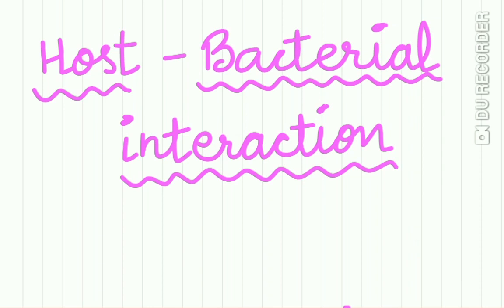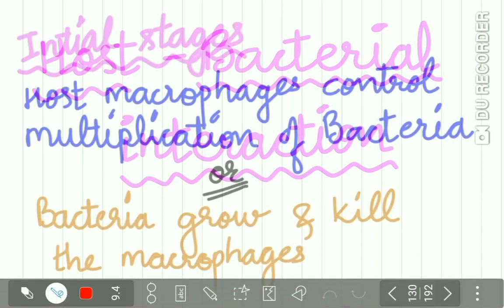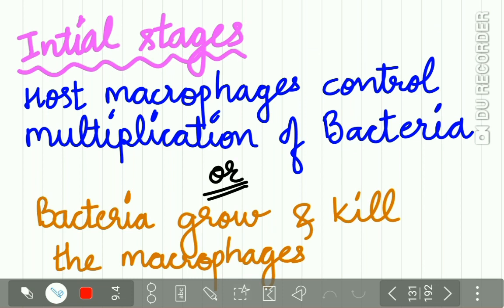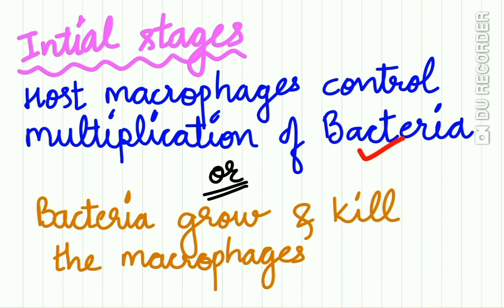Now let us study the host bacterial interaction in tuberculosis. In the initial stages, the host bacterial interaction is either that host macrophages control the multiplication of bacteria, or the bacteria grow and kill the macrophages.